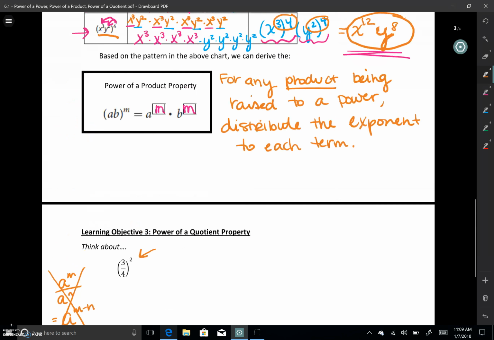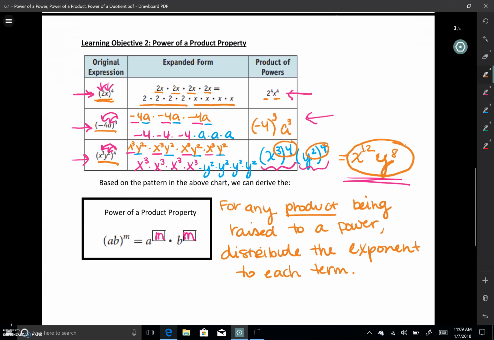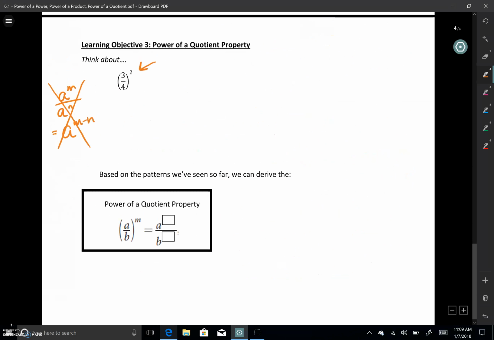However, if we think about learning objective 2, power of a product, we distributed this mth power. So what I want you to remember is that when we're dealing with something like this, it's going to follow the same pattern. It's just that instead of multiplication, we're dealing with division. But in both circumstances, I'm going to distribute that exponent to both the numerator and the denominator.